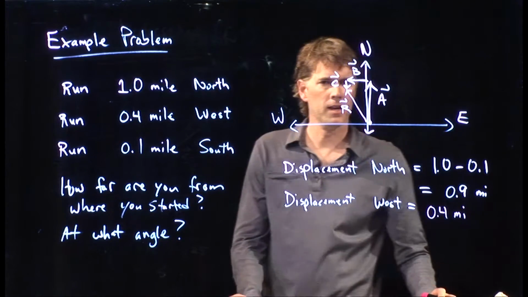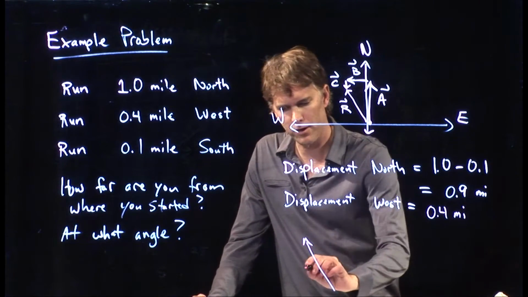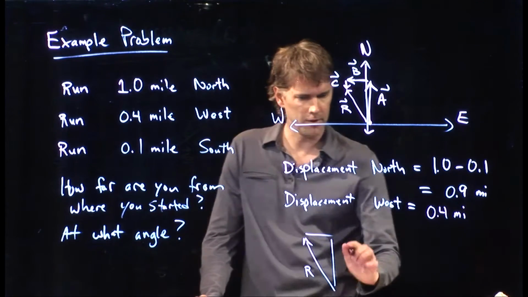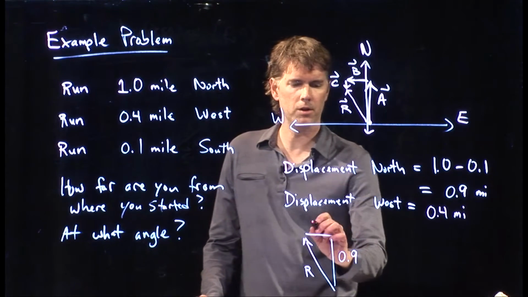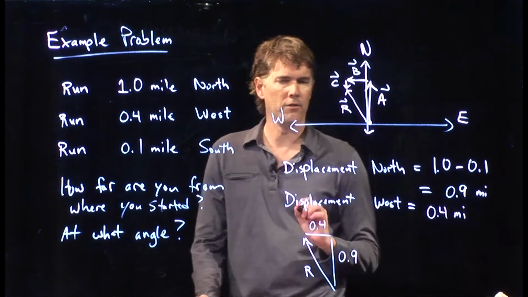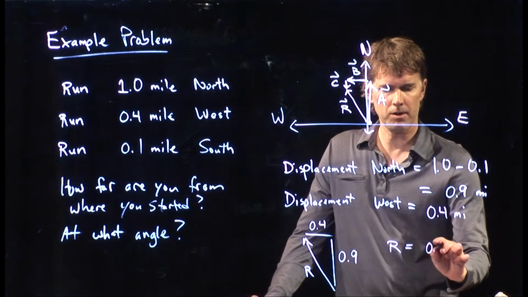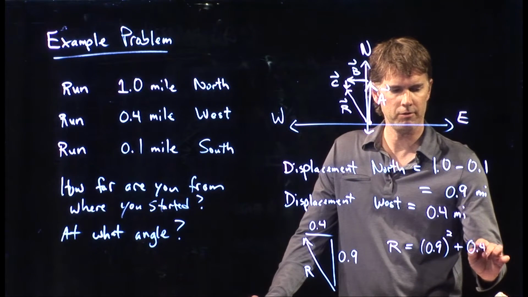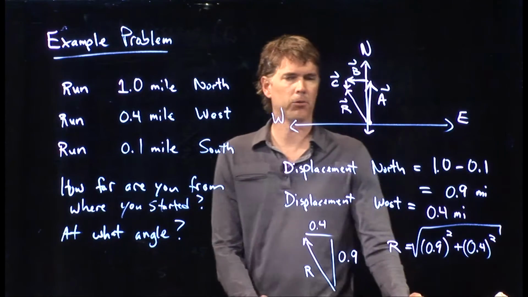And so now look, you actually know the sides of our triangle for r. You know that this vertical one is 0.9, and you know that the horizontal one is 0.4, and so you can calculate r. It is 0.9 squared plus 0.4 squared. Add them up, take the square root.